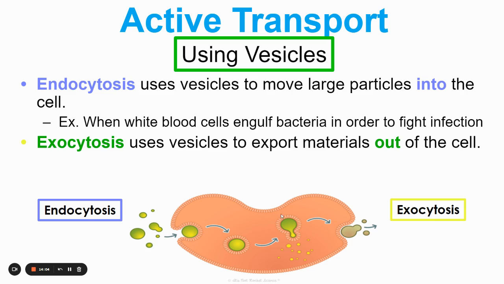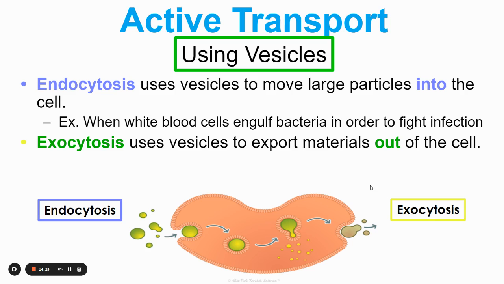So the cell will use a plasma membrane, something that was from one of the organelles that produced this substance. So let's say it's sweat from a sweat gland, and it's going to bring that vesicle up to the edge, and that vesicle is going to fuse with the edge of the cell membrane, and it's going to release that product, in this case, out into the skin.